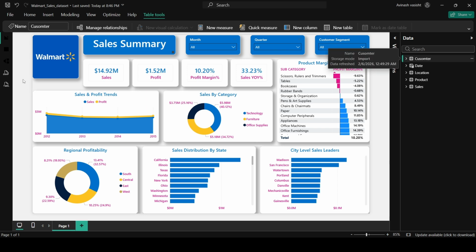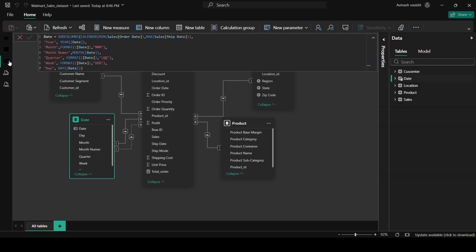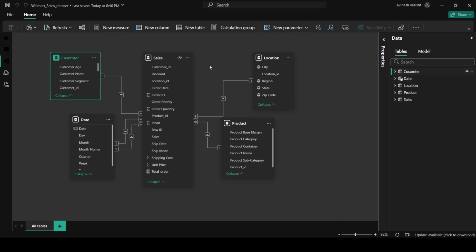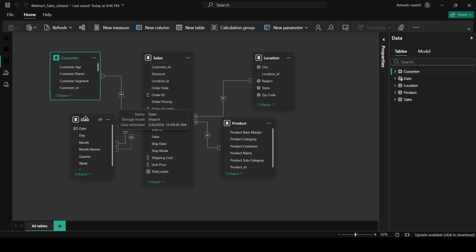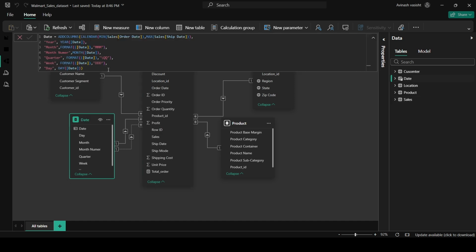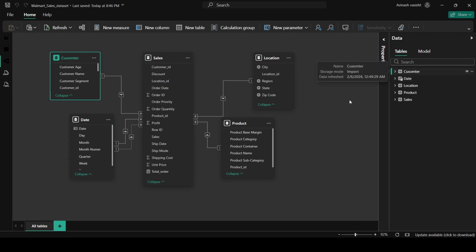I created a star schema format. I created location, product, sales, which is a fact table, customer, and the date table created using DAX to do time intelligence analysis.